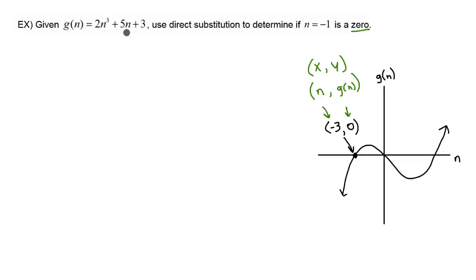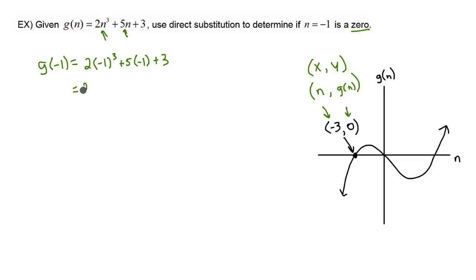So we want to use direct substitution to figure out if this is a 0 or not. That just involves evaluating our function. So we're going to use g of -1. Then I plug in -1 for each one of these n variables. So I've got 2 times -1 cubed plus 5 times -1 plus 3, and I need to simplify this.